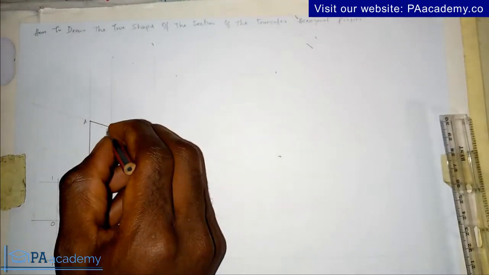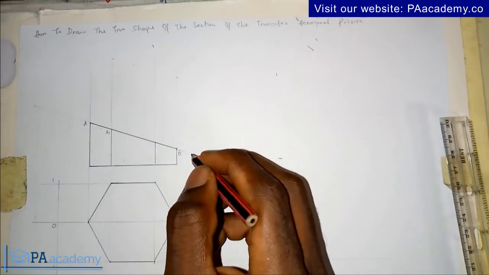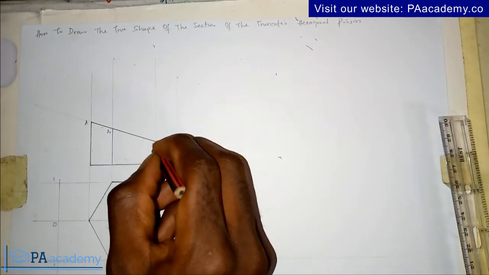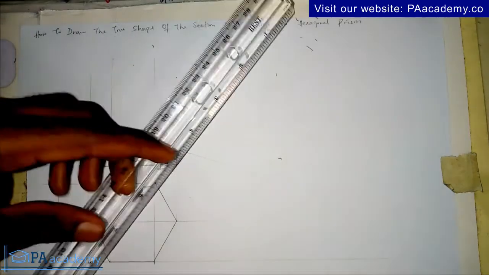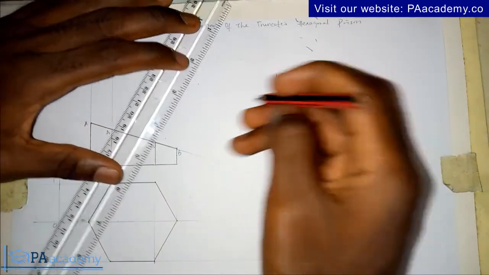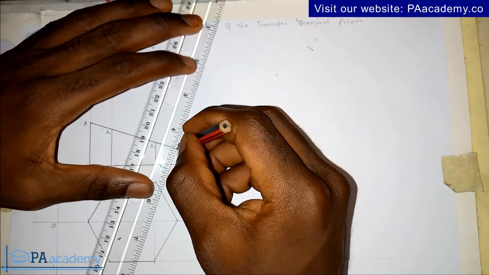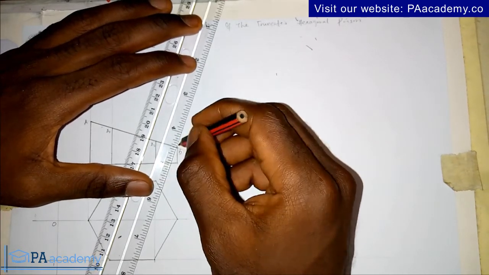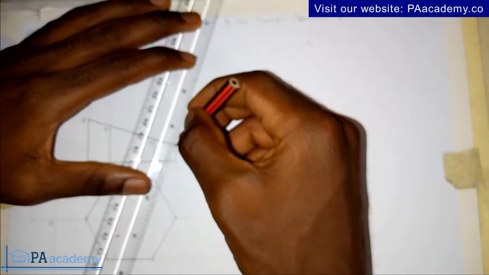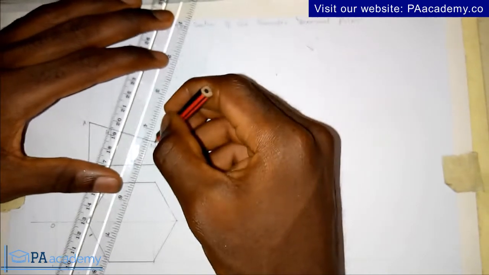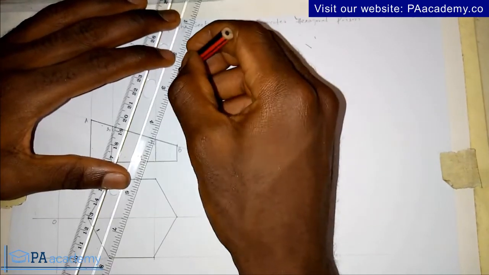So let me call this A1, and let me just call this A2. I'll be using a faint line.